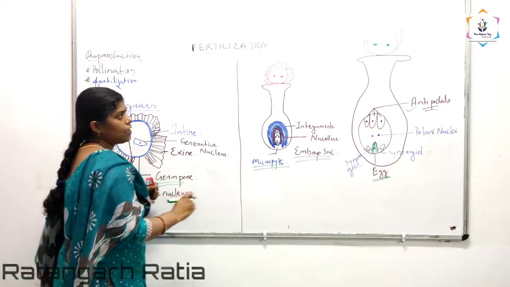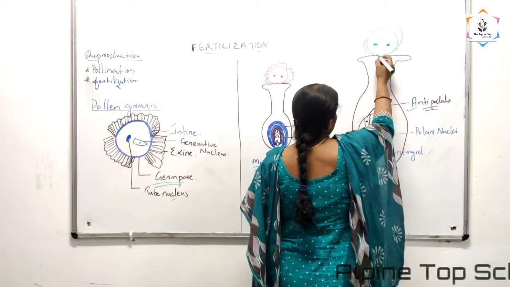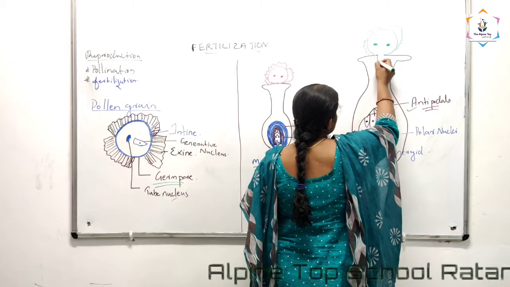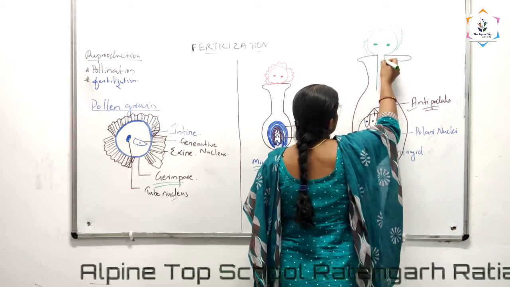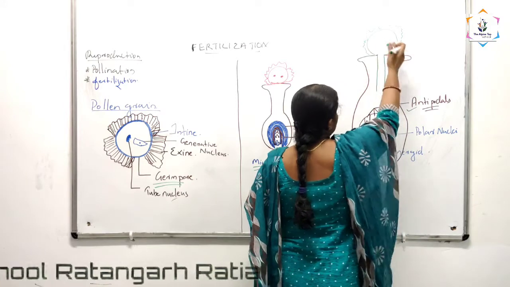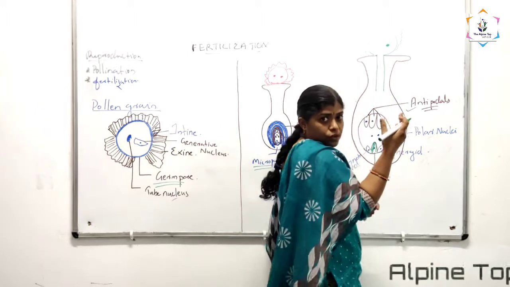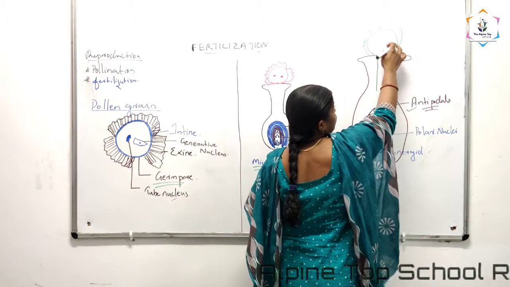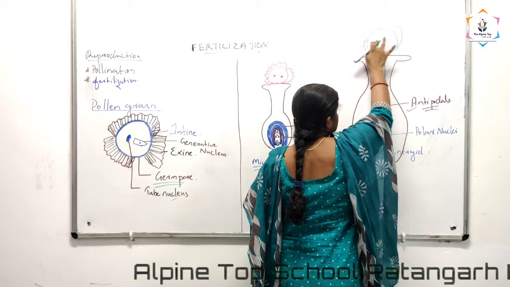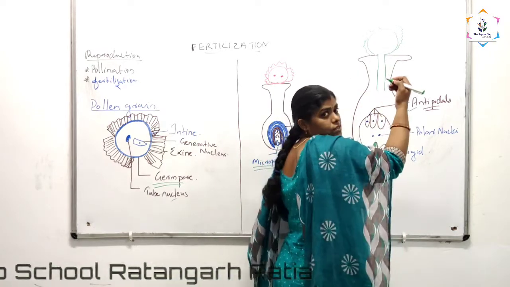Through the germ pore, the pollen tube will start, by means of the tubular nucleus. When it is starting to make the pollen tube, at that time the generative nucleus will divide and make 2 nuclei.